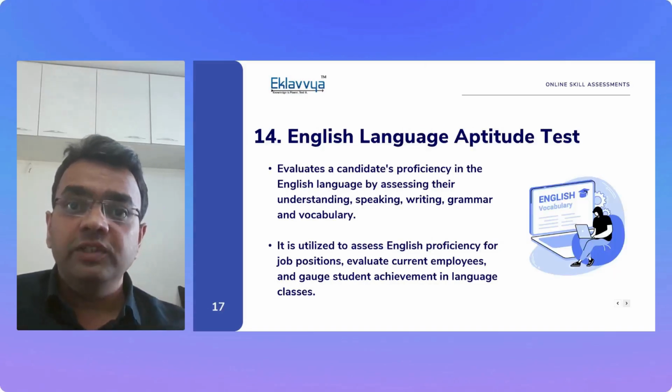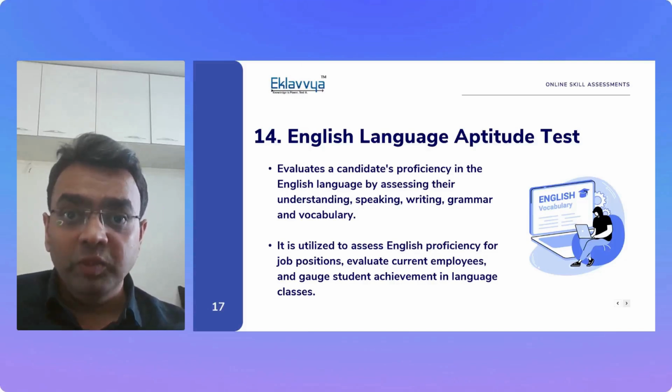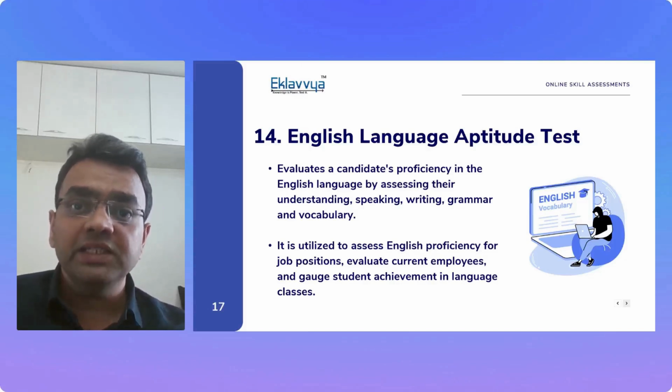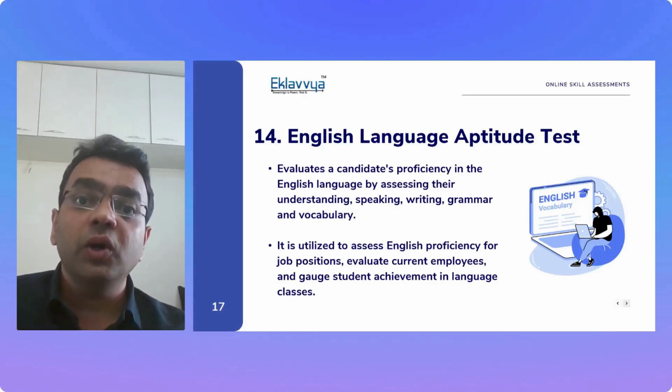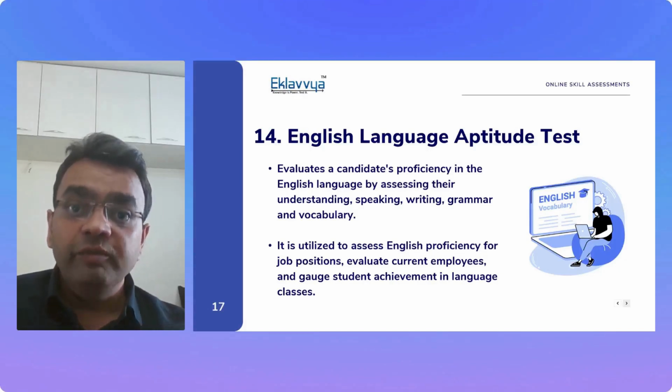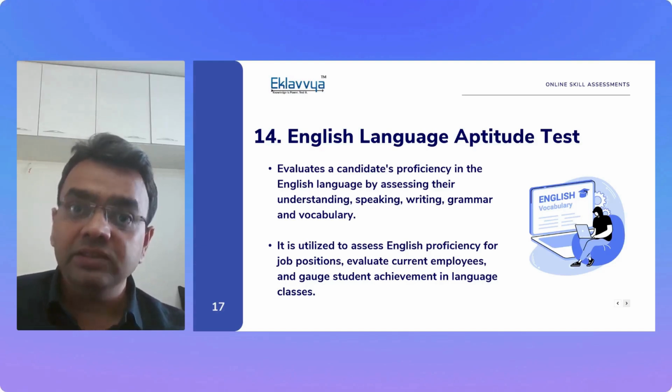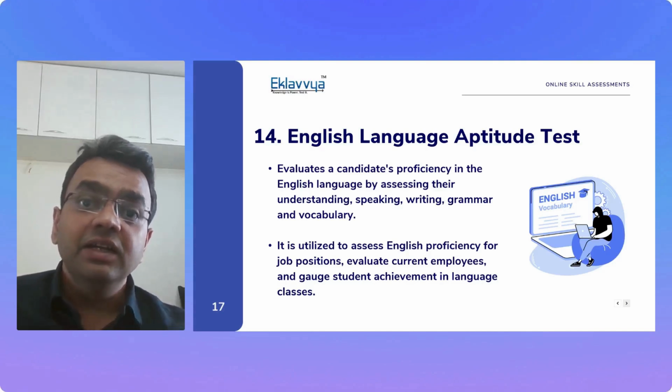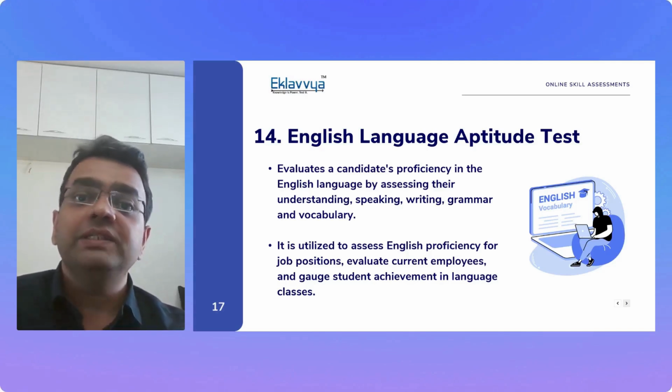Well, in today's fast-paced world, English is a global language, and globalization has made all organizations come together. So if you are looking to collaborate with customers or even vendors, knowledge of the English language is a must. So if you are looking to hire candidates having good English communication skills, then you can consider using an online English language test.